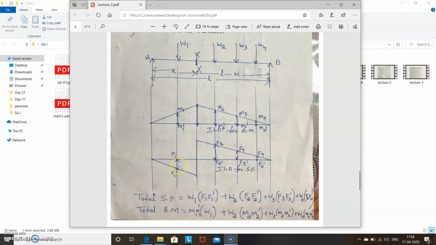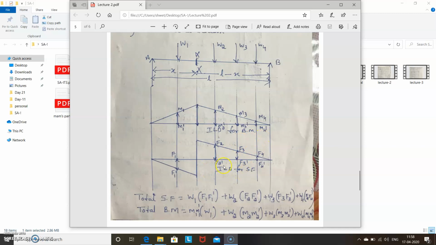Suppose it is 0.6 or 0.7 or 0.3, like that. Whatever value you get should be multiplied by the given load. For the shear force you have to consider the ILD for shear force. If it is for bending moment, you have to consider the ILD from the bending moment diagram.